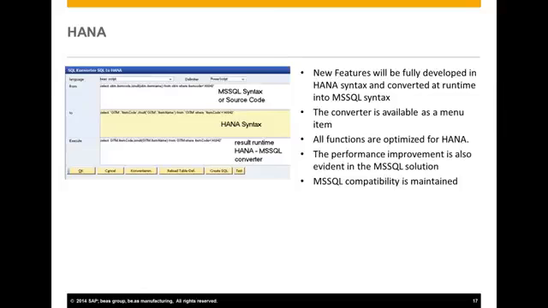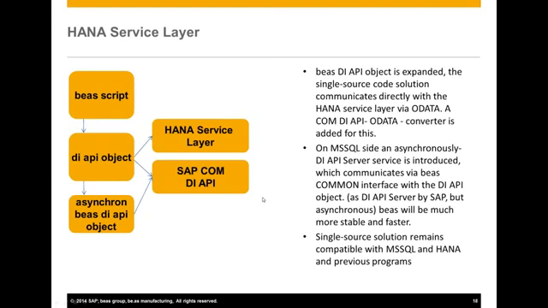This has been done because in the future we want to work with one source code, and therefore in this way it is much simpler for us to keep the HANA version and the MS-SQL version in parallel. The converter is also available as part of the menu item, so one can easily access that.